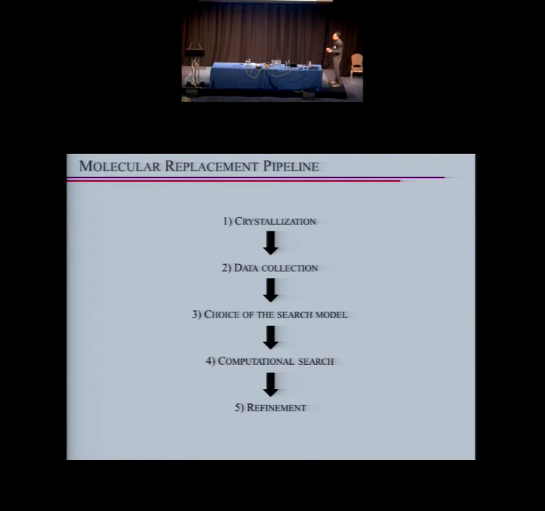This is a pipeline that is identical for both proteins and nucleic acids. And also, I need to say that the physics and the experimental setup behind the crystallization and the data collection steps of this pipeline are essentially the same for proteins and nucleic acids.